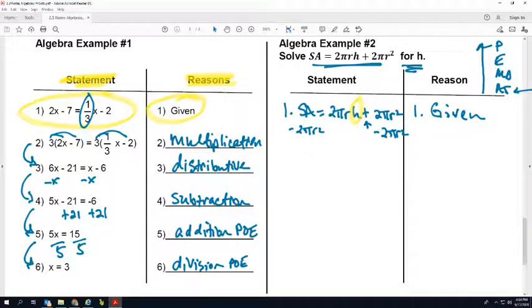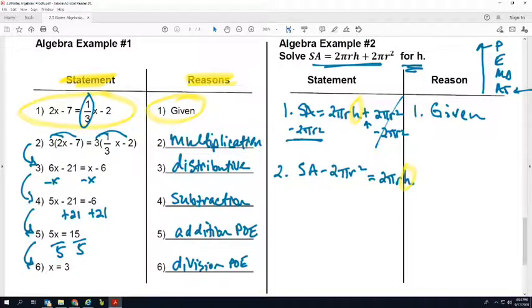I'm going to move that 2 down a little bit just to give us more room. Okay, so right here, those are not like terms, so we just rewrite both of them. SA minus 2 pi r squared equals 2 pi r h. Now this canceled, so it's gone away. Now again, we're trying to solve for this h right here.